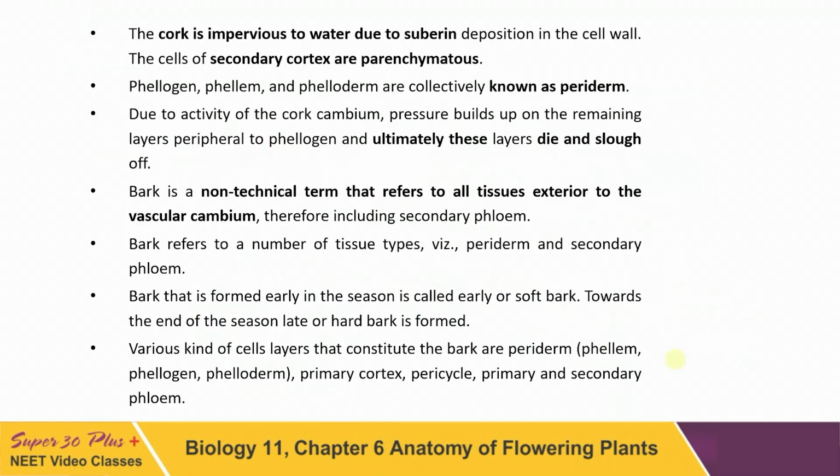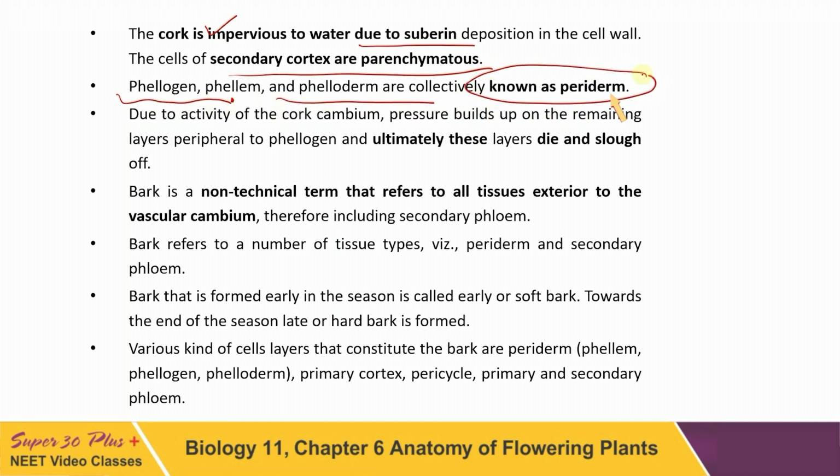Right? Now the cork, as the cells are suberized, doesn't allow movement of water, it is impervious to water. The cells of the secondary cortex are parenchymatous, as I told you, and all these three together, phellem, phellogen and phelloderm, are collectively known as periderm.